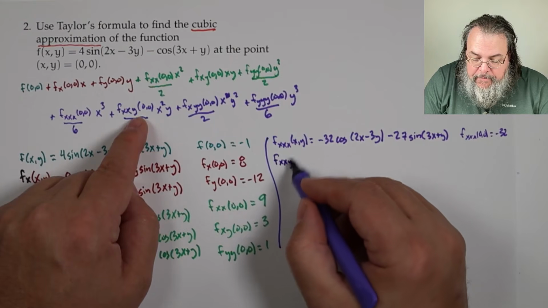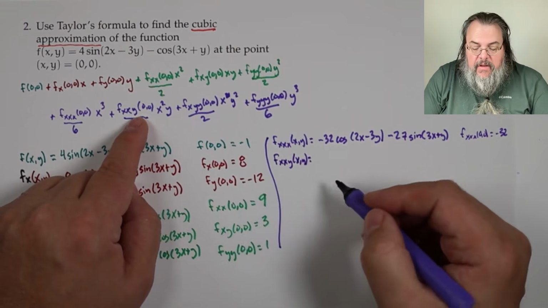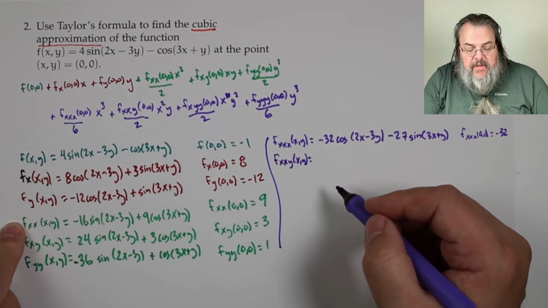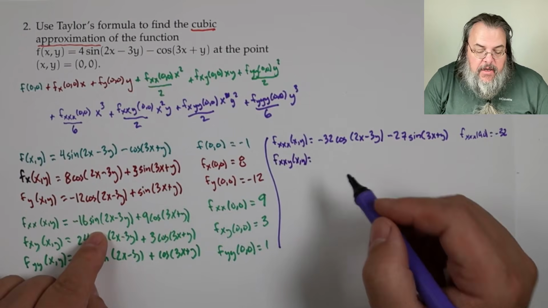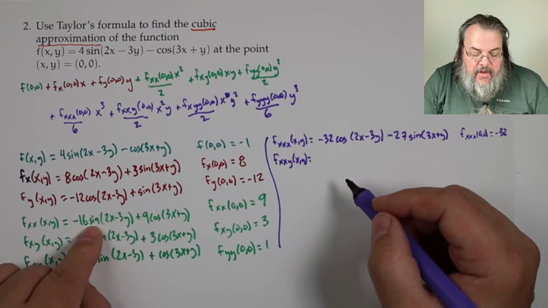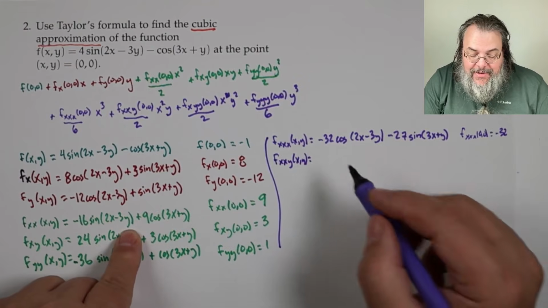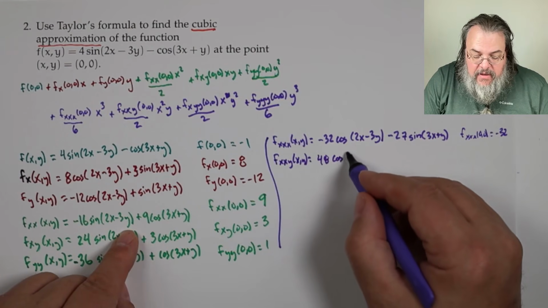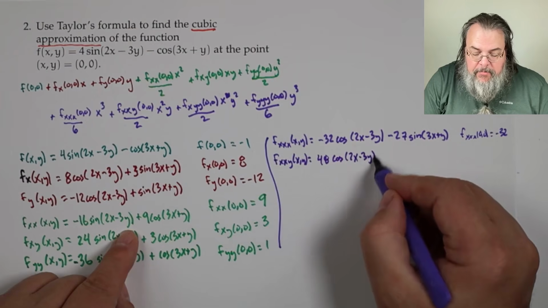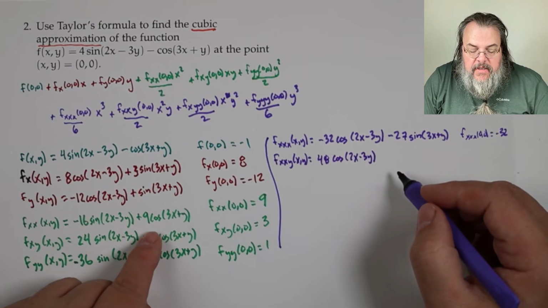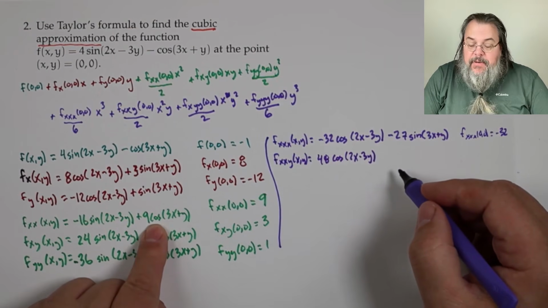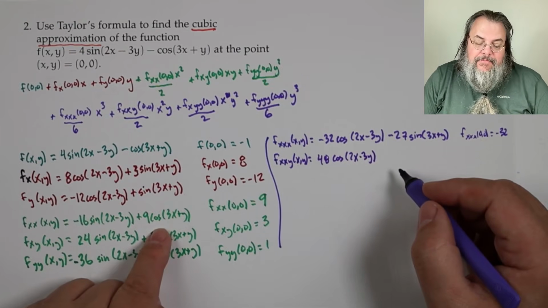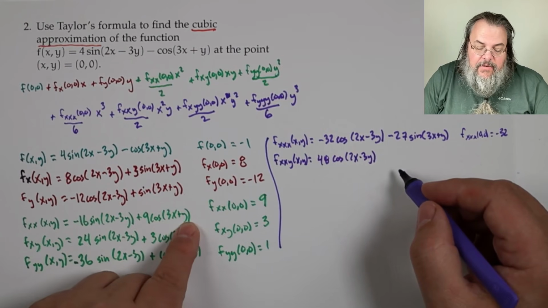f_xxy. Okay, so we can take the derivative with respect to x twice, then take the derivative of that with respect to y. Well, derivative of sine is cosine. Negative 3 comes out. That makes a total of 48 cosine(2x minus 3y). And come here, take derivative with respect to y. Derivative of cosine is negative sine. Derivative of the inside is 1.